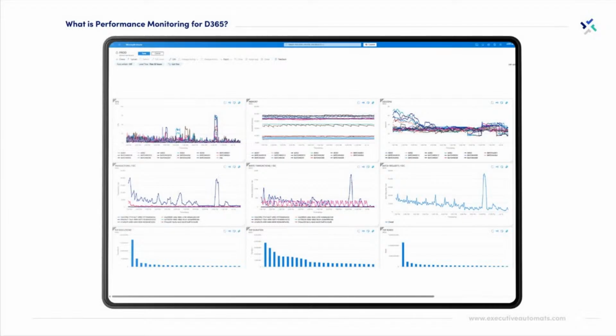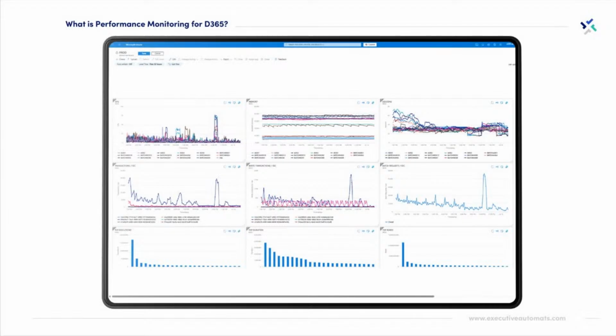Hi, thanks for the introduction. I would like to introduce our new product, performance monitoring for D365. This is a set of performance and other metrics collected in real time from the D365 environment, logged to Log Analytics, and then presented in charts or tables using Azure Dashboard.